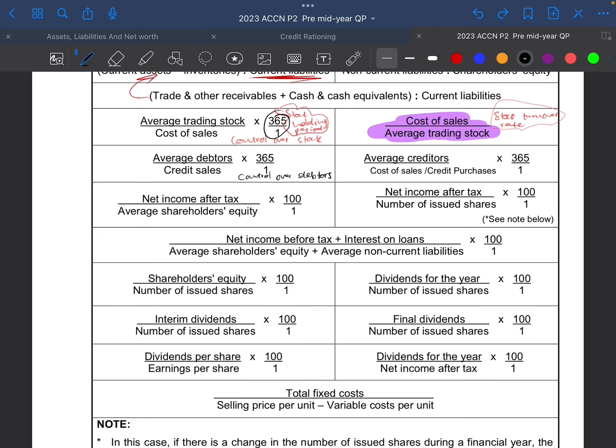Now this is to show your control over creditors, how long you take to pay your creditors. Okay, so you can really interpret financial indicators any way you want to, but this is really how I used to interpret them when I was in matric, and that's how I got to understand all of the formulas.